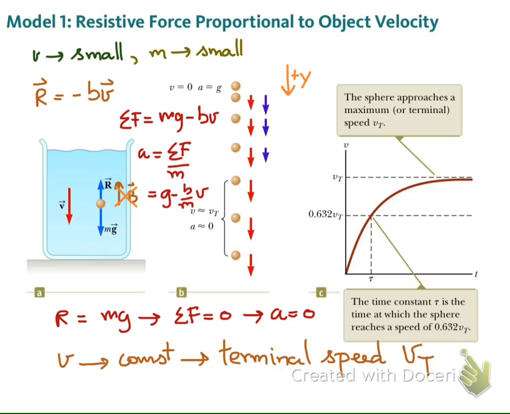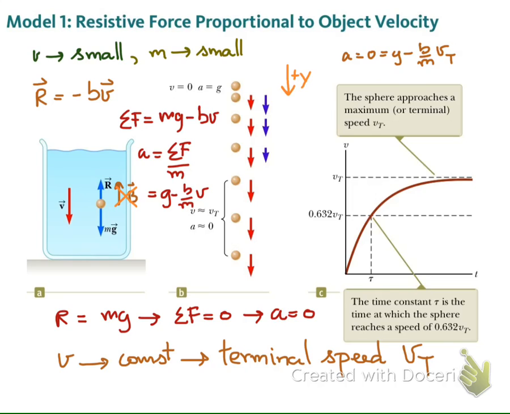Okay. This terminal speed can be calculated by using the condition that a is 0, but a is equal to g minus b over m times v_t.